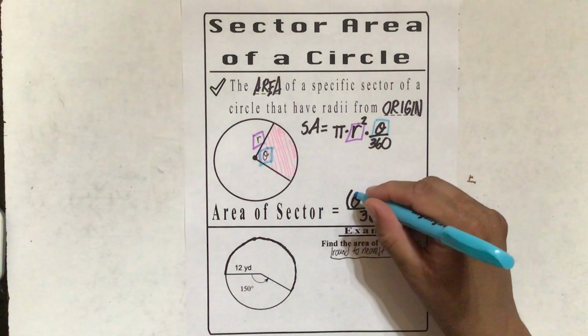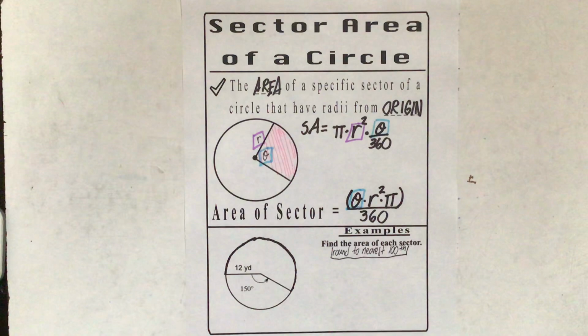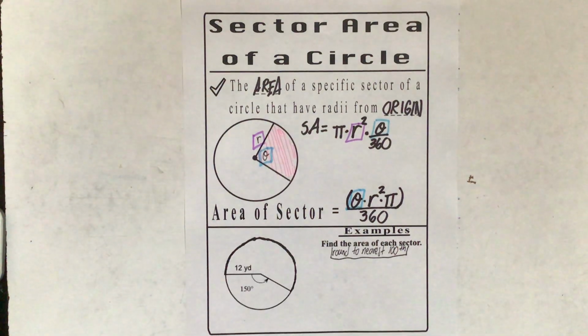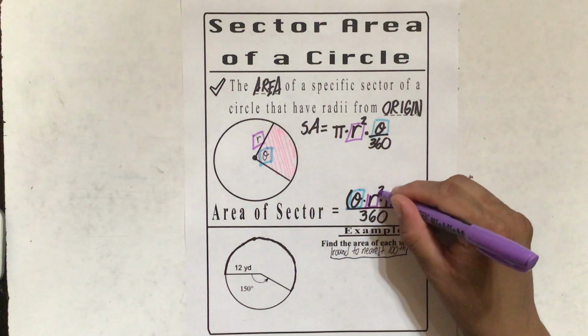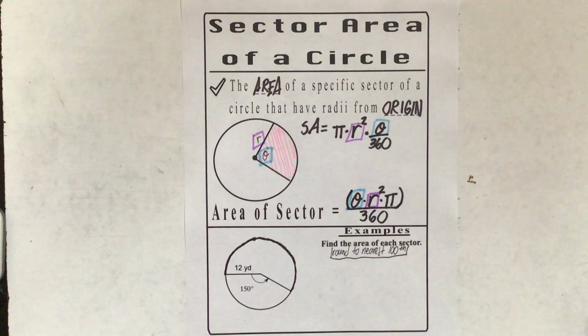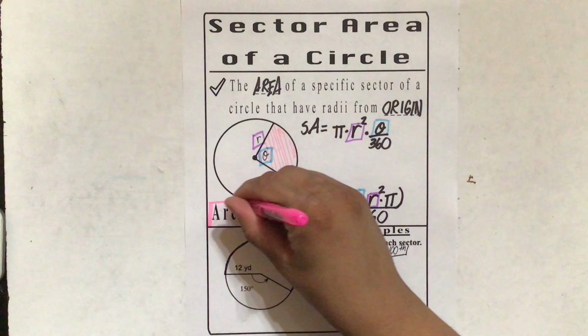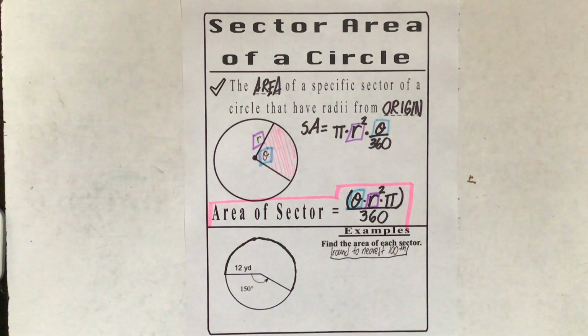Again, this is theta, which is how many degrees the pizza slice is, and r, the radius, the distance from the center to the side of the circle. And that's the formula we're going to use to find the area of the sector.